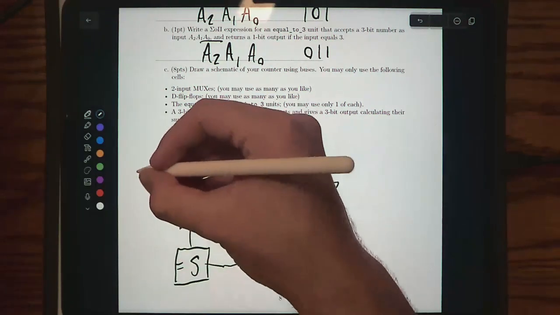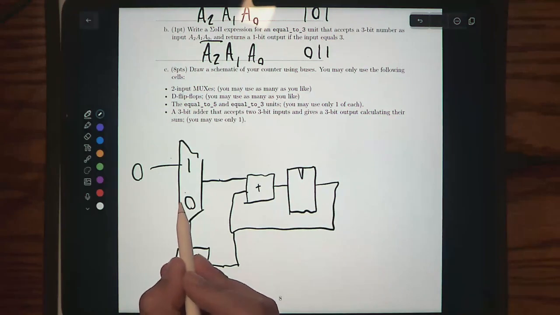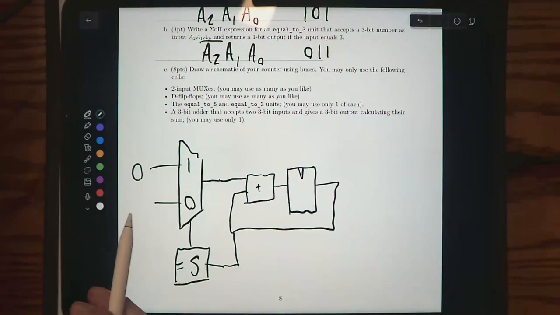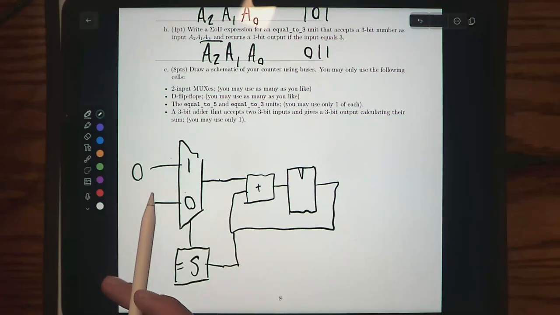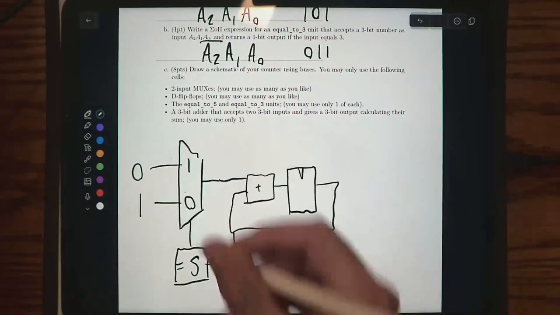Yeah, if it equals 5, then we probably just don't want to add anything. But if it does not equal 5, then what do we want to add? So we're already adding Q, so we would probably add 1. Yeah. Right.